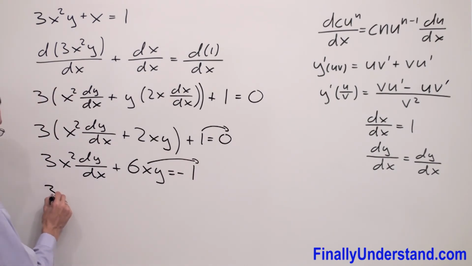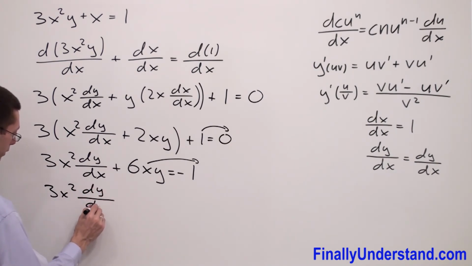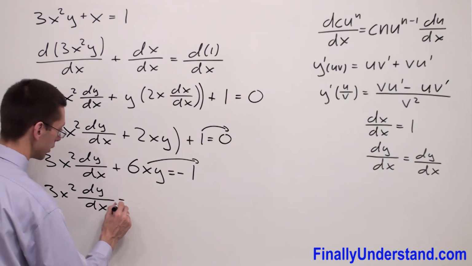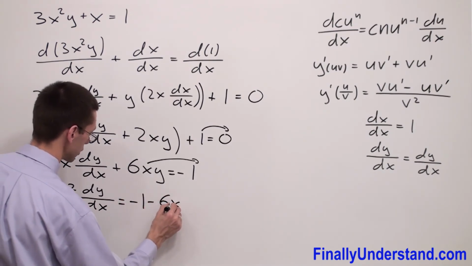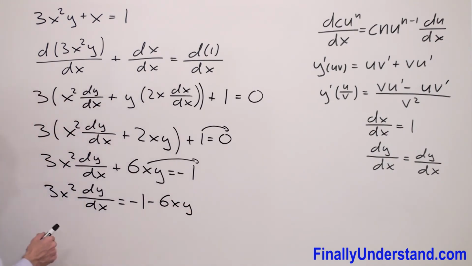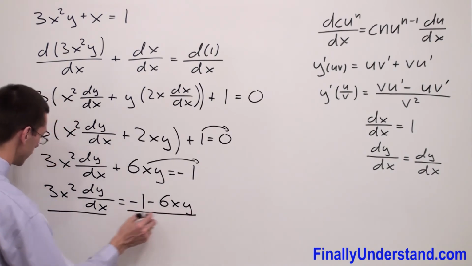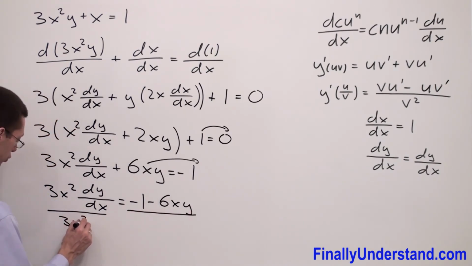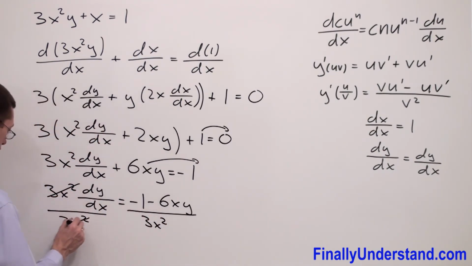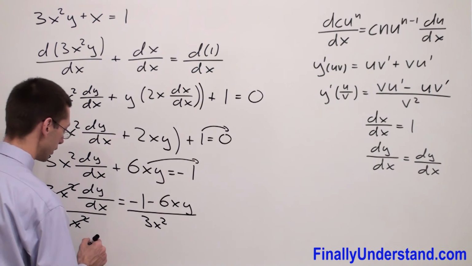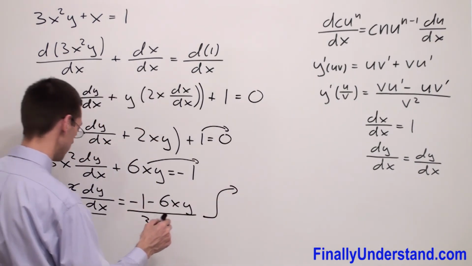So I have 3x squared dy over dx is equal to negative 1 minus 6xy. In order to find dy over dx, I'm going to divide both sides of my equation by 3x squared. 3x squared and 3x squared will cancel out. And I end up with, I'm going to factorize the negative sign.